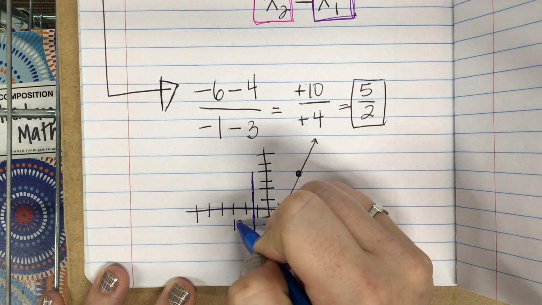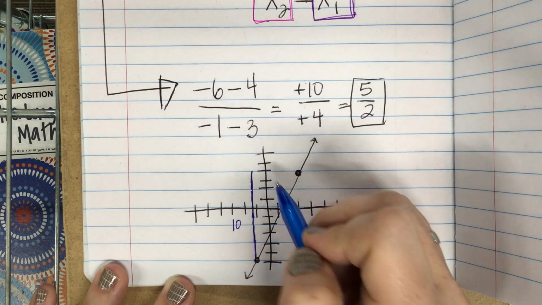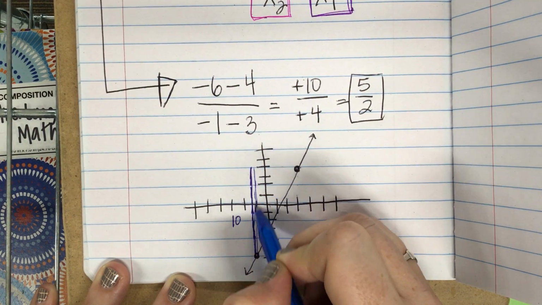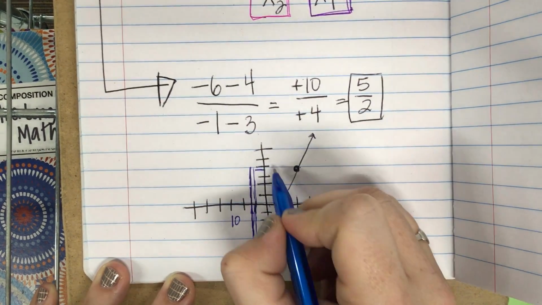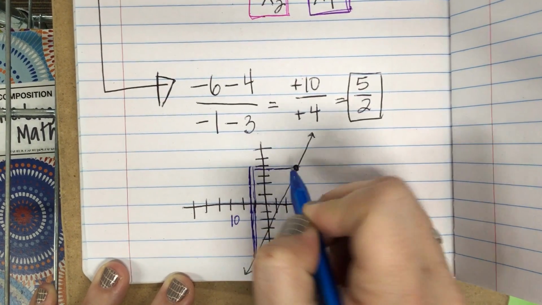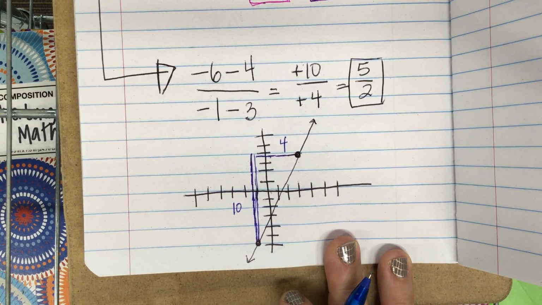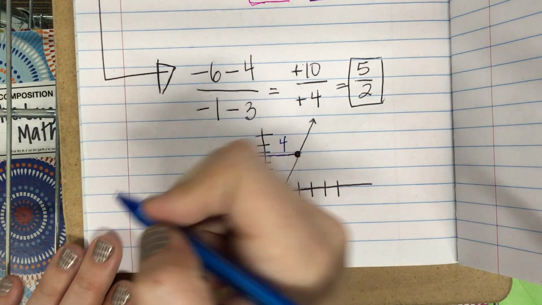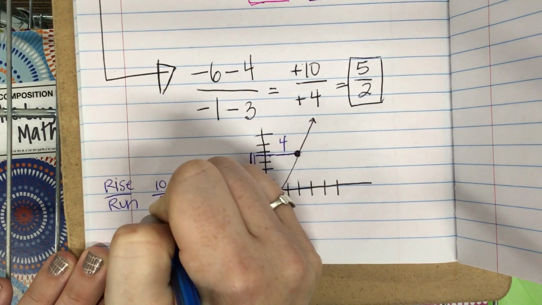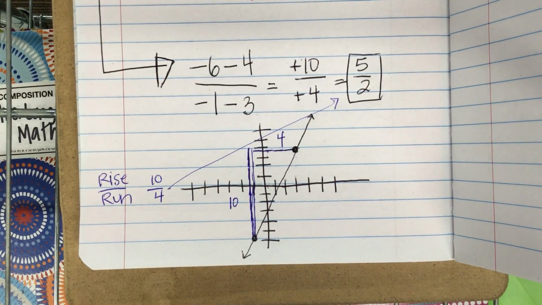So my rise was 10. And my run is 1, 2, 3, 4. My rise was 10 and my run was 4. So my rise over run was 10 over 4, which simplifies to 5 over 2.